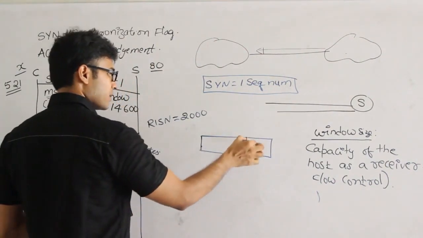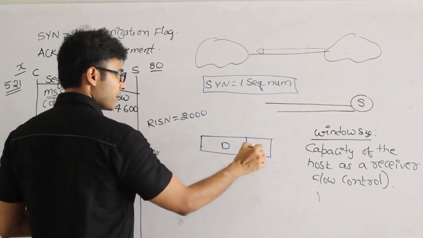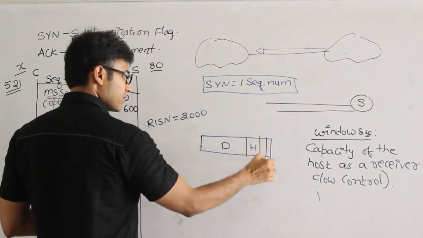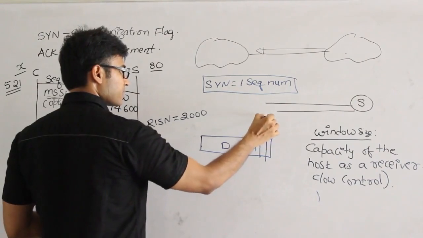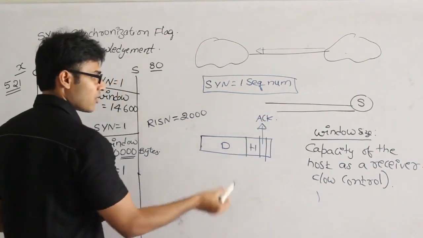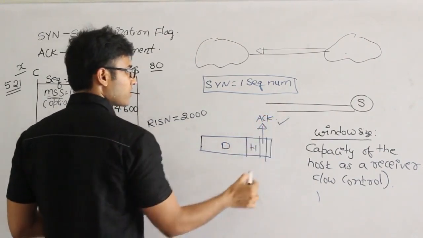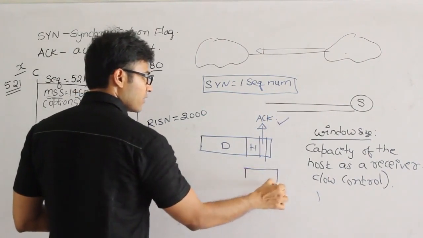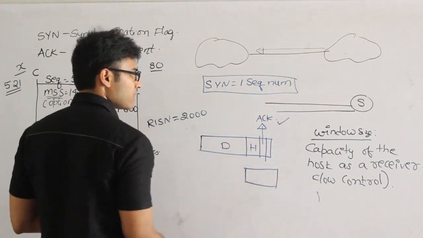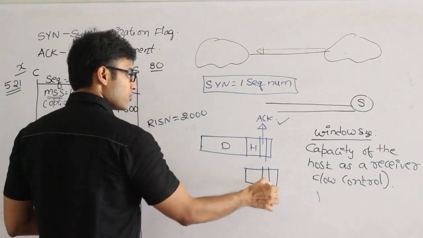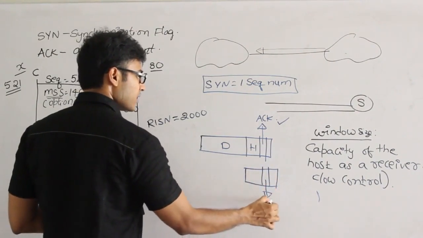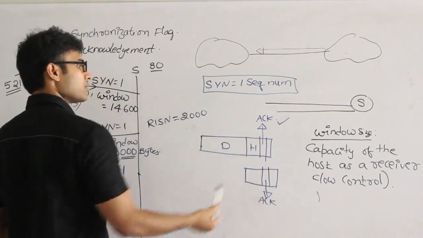If they want to send only the pure acknowledgement, they could take the header, put the acknowledgement in the header and send it without any data. This is called pure acknowledgement.